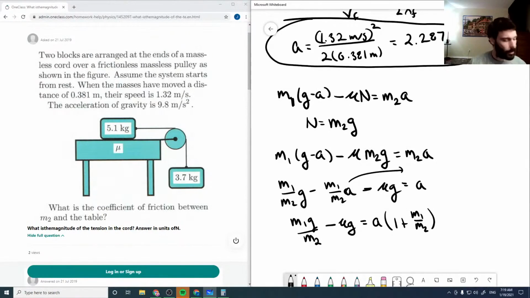And we can actually divide through by g here and solve for mu.